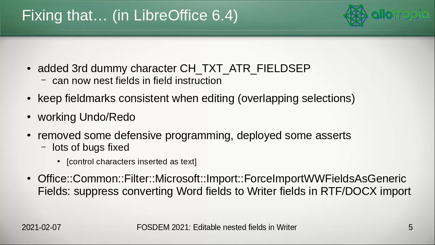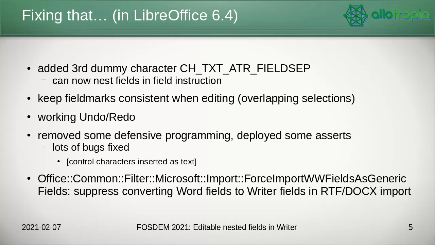And generally, there was a problem with the previous implementation with some bad programming practices, like there was lots of defensive programming to prevent the implementation from crashing when things were in an inconsistent state. But the problem with that is that it just makes it more difficult to fix bugs.